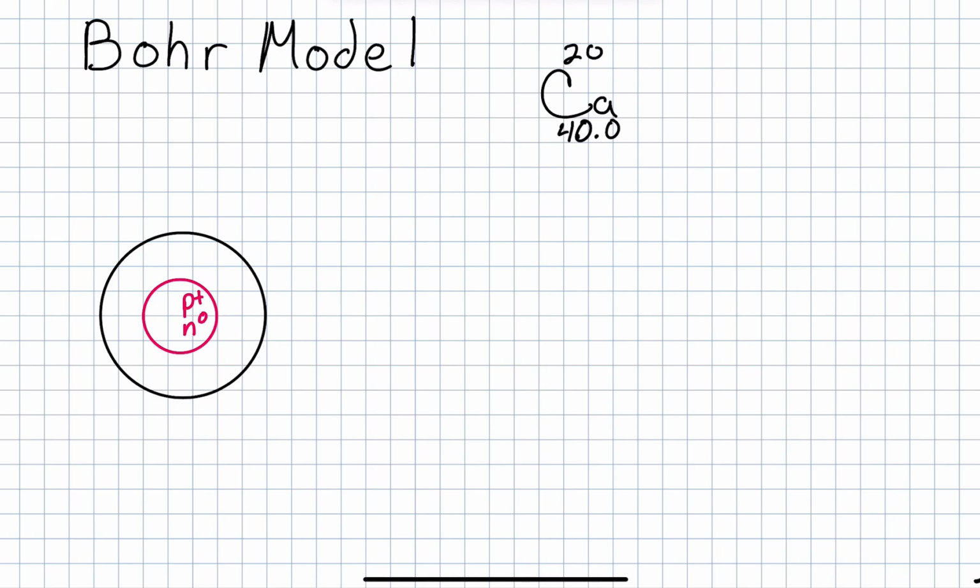And so by looking at this, we are going to have our protons, our neutrons, and our electrons. The atomic number is 20, so that means I'll have 20 protons and I'll have 20 electrons. The mass is 40. 40 minus 20 means I will have 20 neutrons. I'm going to write that in my nucleus that I have 20 protons and 20 neutrons.